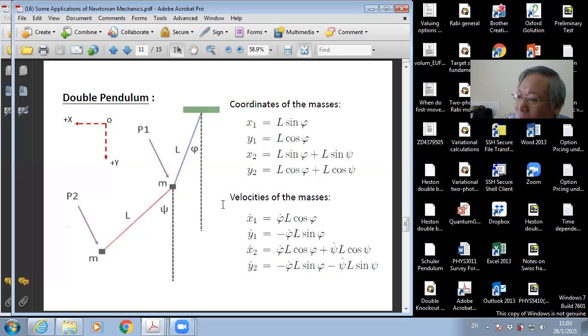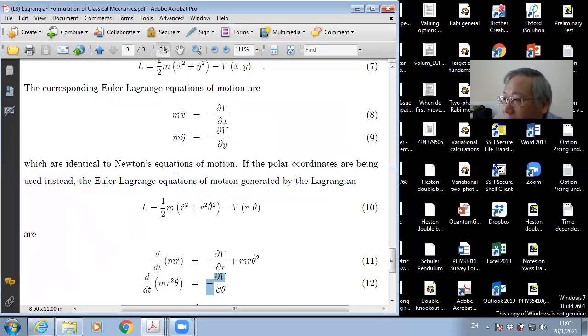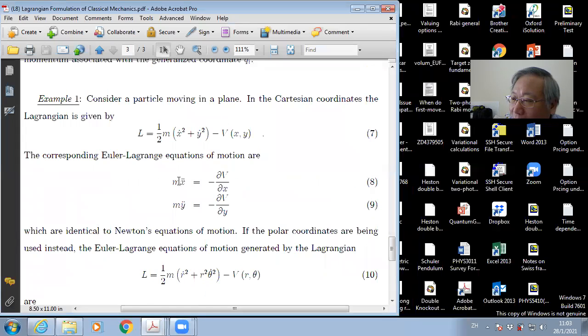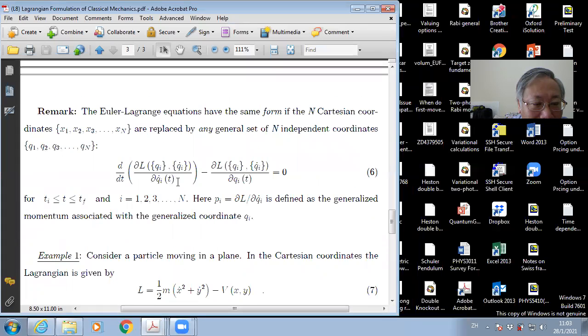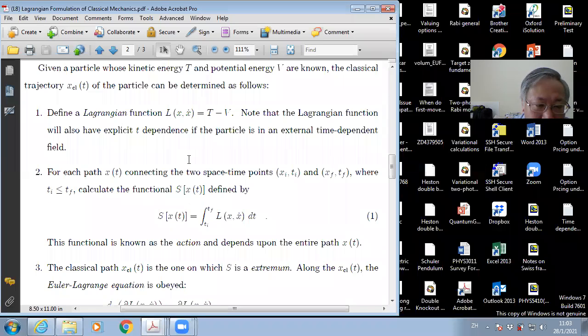First of all, write down the Lagrangian in terms of kinetic energy and potential energy defined in Cartesian coordinates, because we are all familiar with Cartesian coordinates, and it is easy to identify the kinetic energy and potential energy with respect to some familiar coordinate systems.